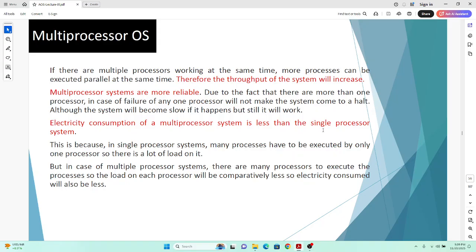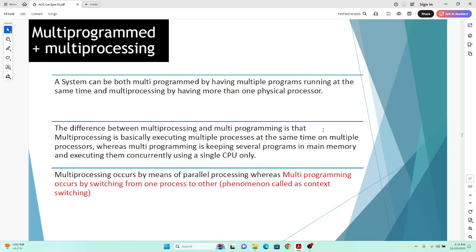And multiprocessors consume less electricity, because when we divide the load of our job across different processors, it requires less load than executing it all on one single processor. So it requires less electricity consumption and throughput will increase.